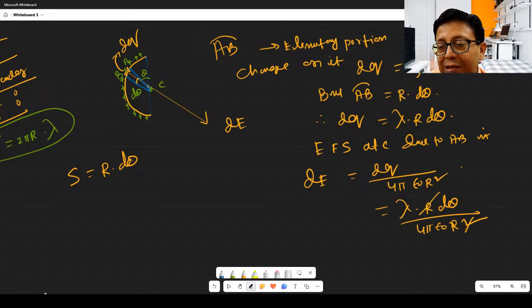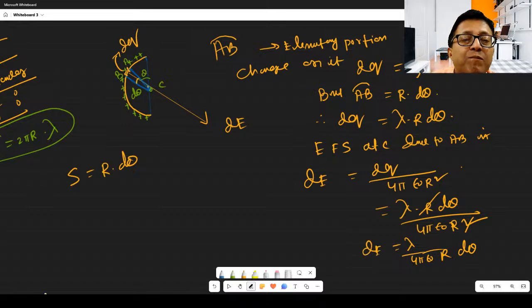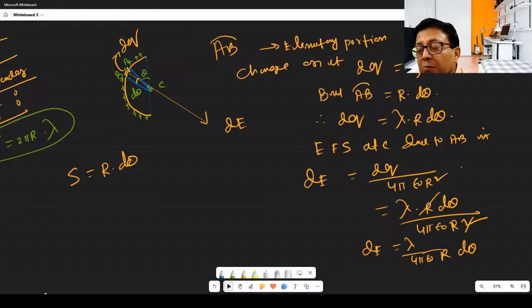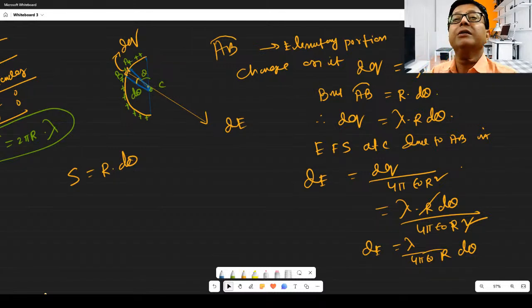These two are getting cancelled. So dE equals lambda by 4 pi epsilon 0 r d theta. Okay? But this you cannot integrate.